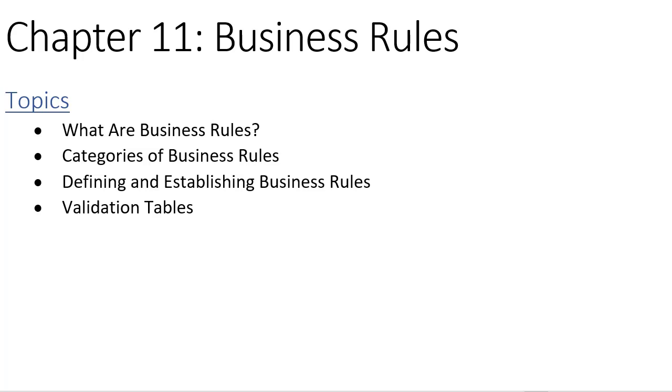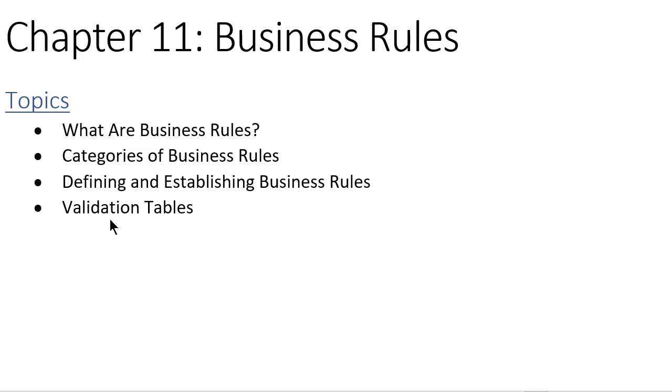Hopefully by the time we get through with this chapter and you read this chapter, you'll understand what business rules are, the different categories of business rules, how you go about defining and establishing business rules, and then validation tables.